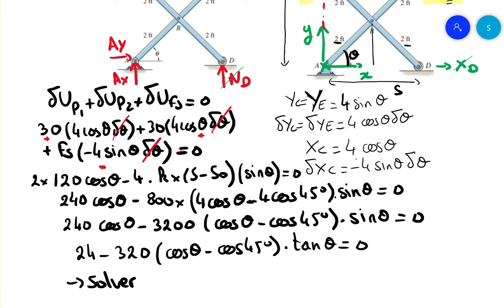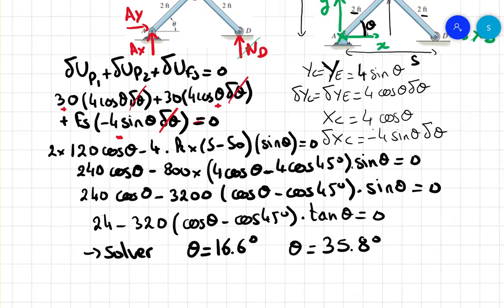Okay, so I use the solver and the calculator, keeping everything in degrees. The first answer for theta is 16.6 degrees. And there's another answer: you can try another guess close to, let's say, 45 to see if there's something a little bit bigger, and press enter again. You also have another answer that gives us theta equal 35.8 degrees.